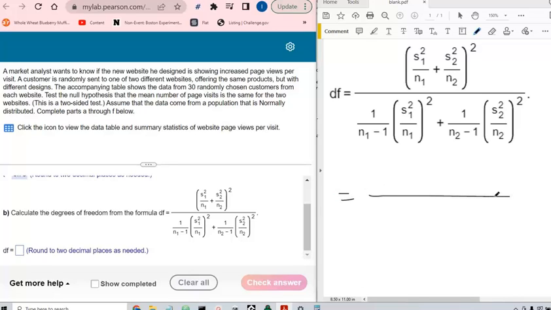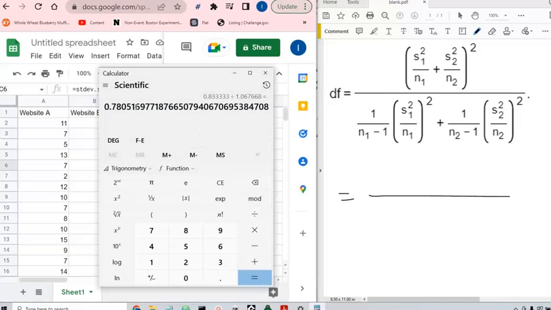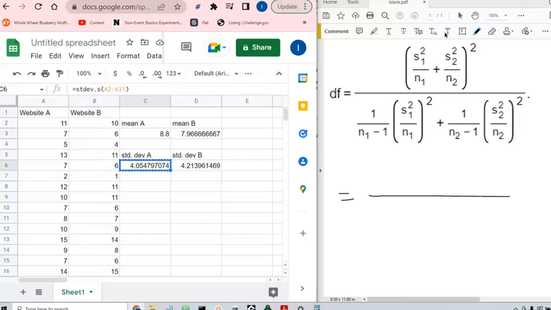Okay, so it's standard deviation 1 squared. I'll just write it out first. That means squared. Oops, and that's going to be divide, I forgot. So that's this squared divide by n1, which is 30.